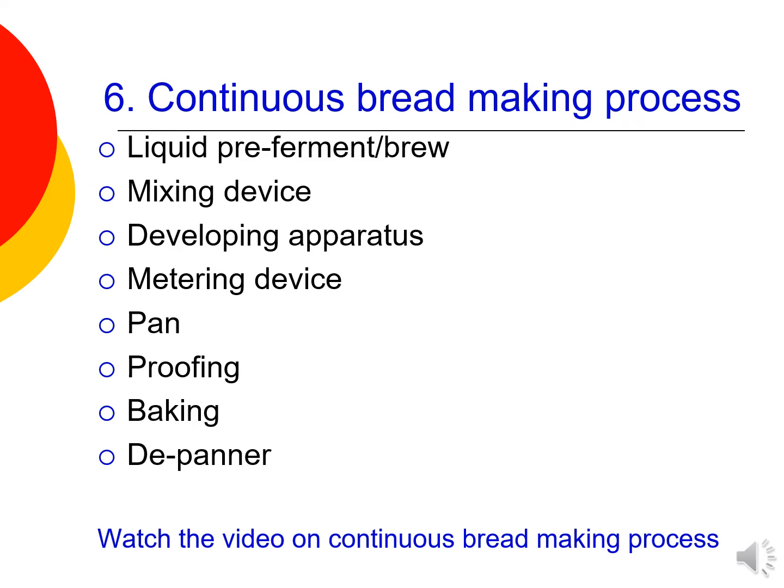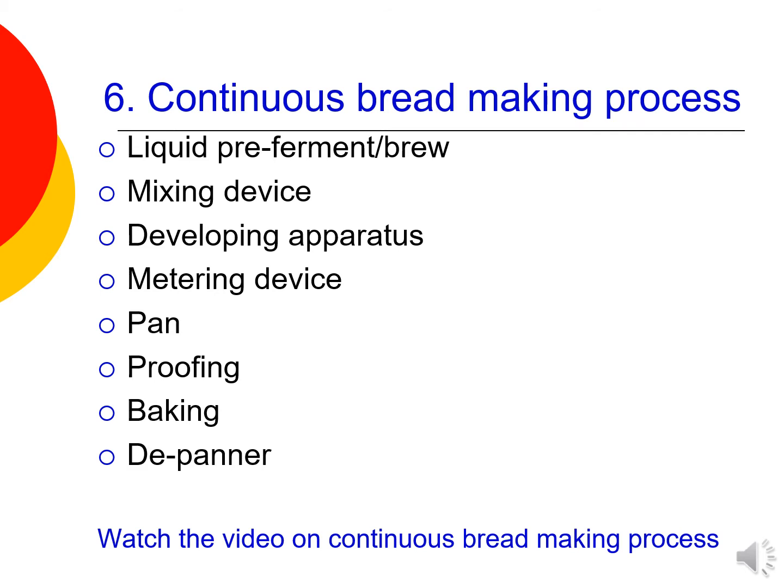The developer is the key equipment in the continuous line. It changes the batter from a fluid mass to a smooth, elastic, film-forming dough.